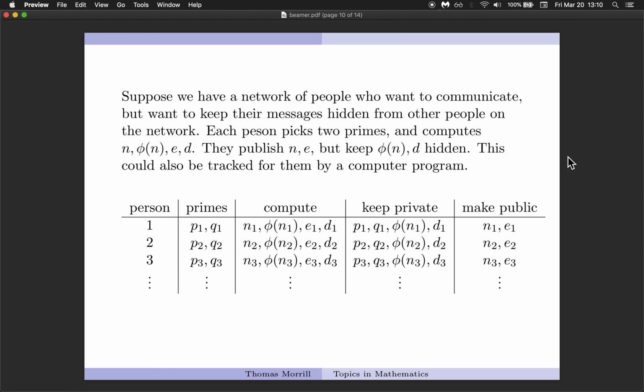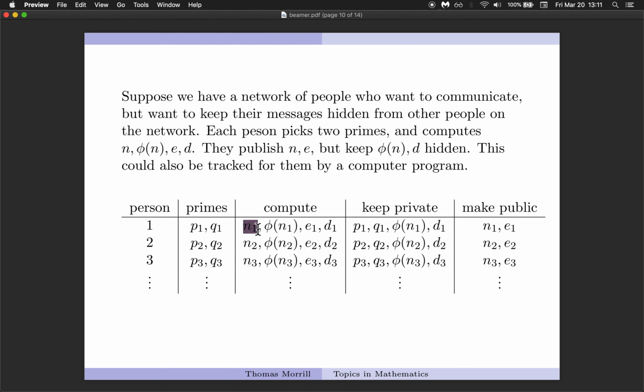The computer program will make a database of who all of the users are, and each user will get assigned their own public key system. So person 1 will have the primes P1 and Q1. And once you pick those prime numbers, it's very simple to compute.